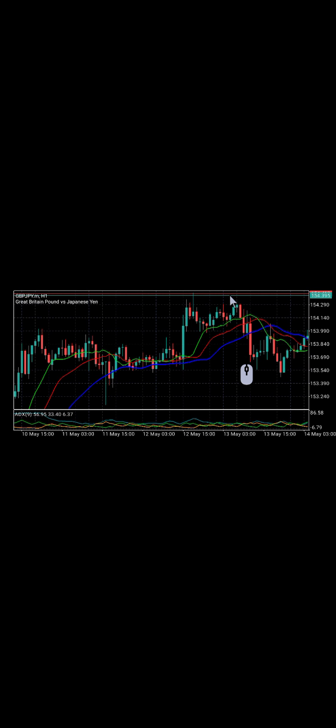Then see another confirmation of the strategy right here, where the green again is below. This time around the green line crossed the red and the blue. You can actually see the momentum of the trend.